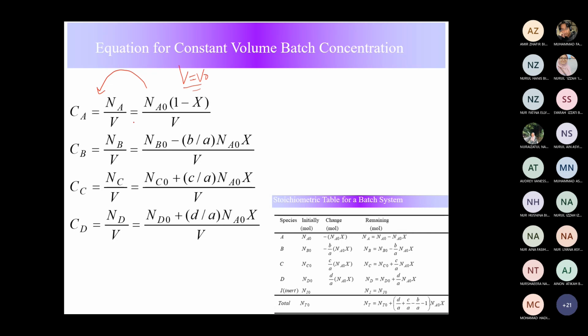Remember from the previous one, we have this one on top, and also this one, and so on. So how do we convert into concentration? Remember, concentration is equal to the number of moles over the volume. Then you will get the concentration.